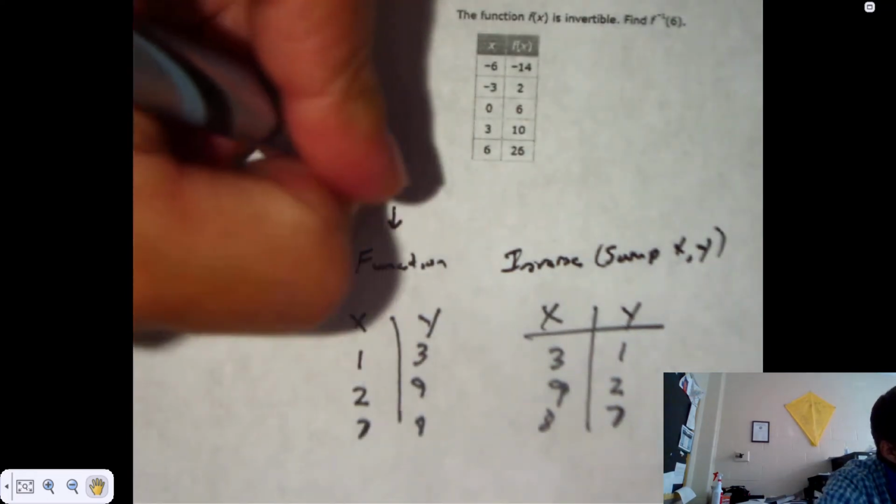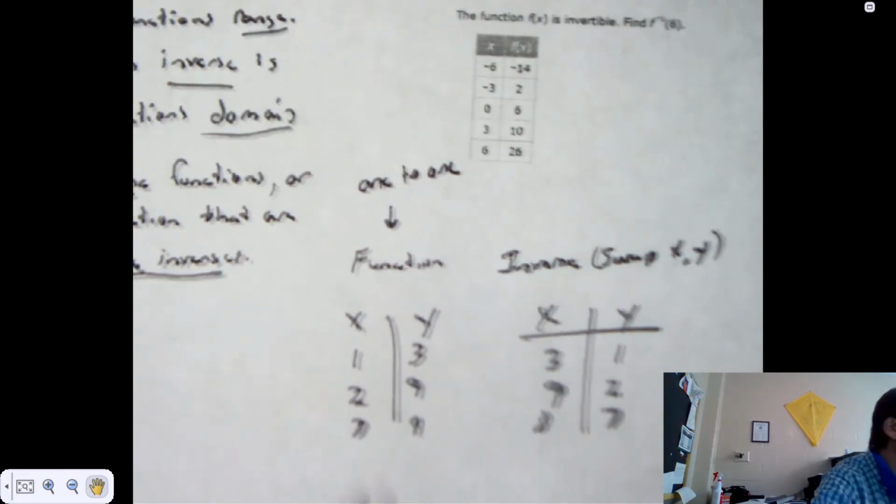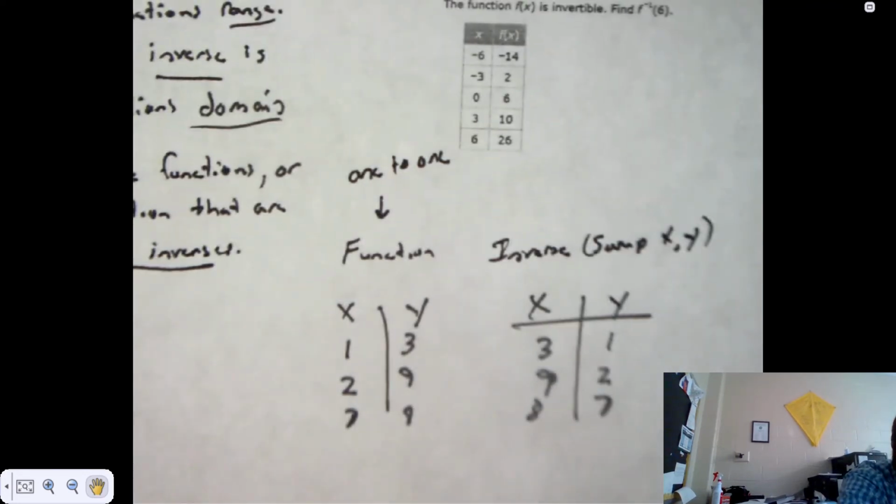It was 1-to-1 because each x had one y and each y had one x. So let's write that definition down, and I'll show you something that's not 1-to-1. We'll make it a short definition.